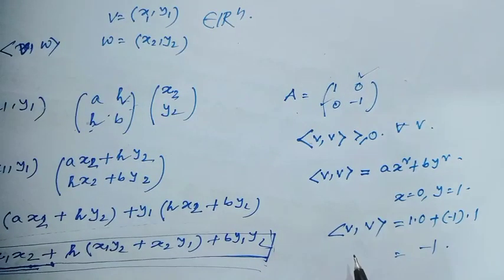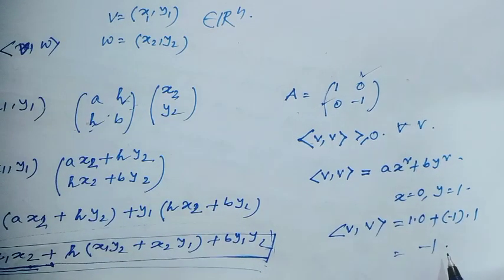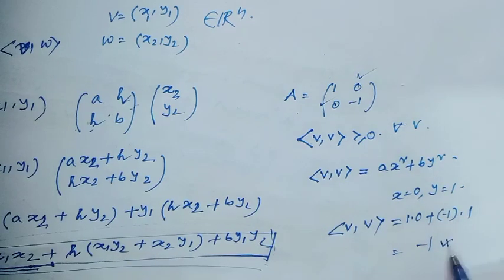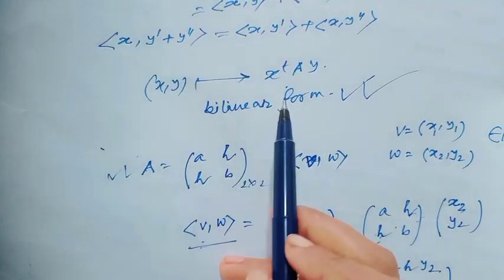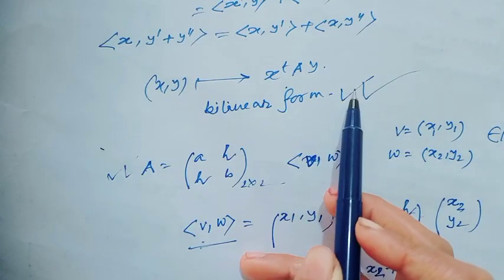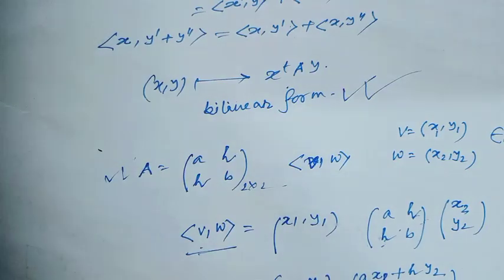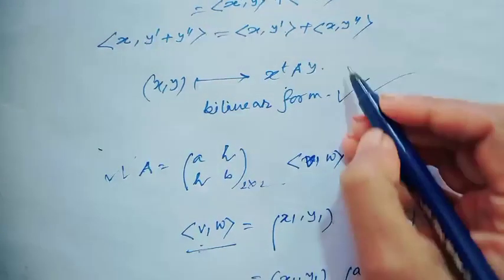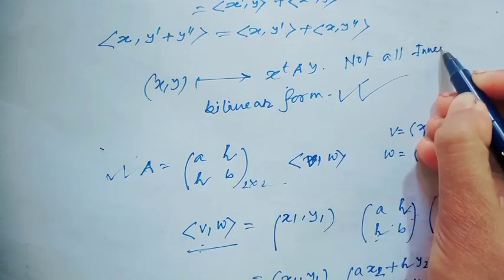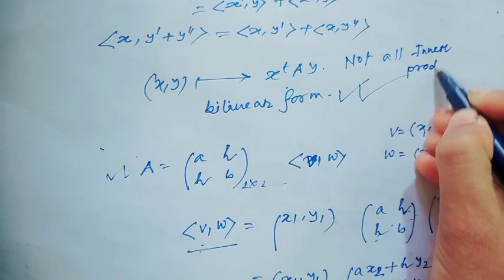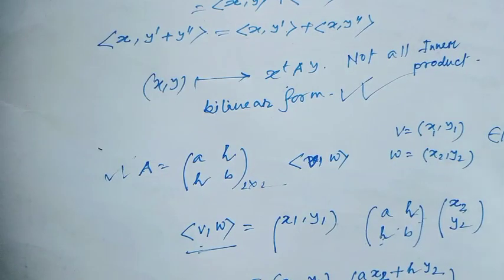Therefore, inner product v with itself, I have got this is equal to minus 1. So xy mapped to x transpose Ay, this is bilinear but not always an inner product. Have you understood? I hope my all viewers have understood this process easily.